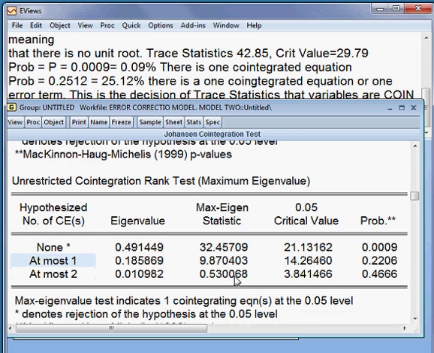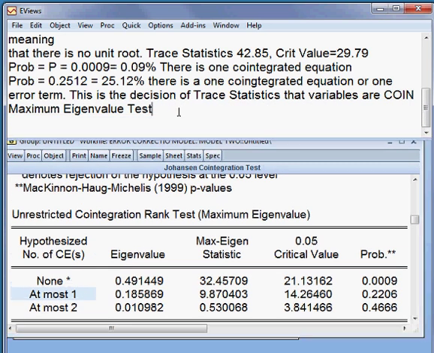Here we can see the statistic is less than the critical value, meaning that we cannot reject the null hypothesis, meaning that there is one co-integrated equation, or there is one error term.